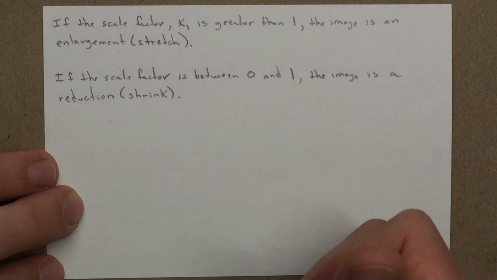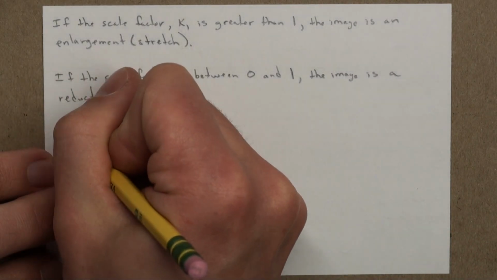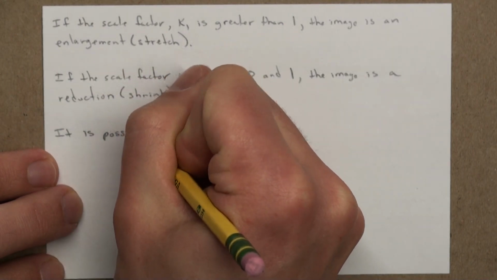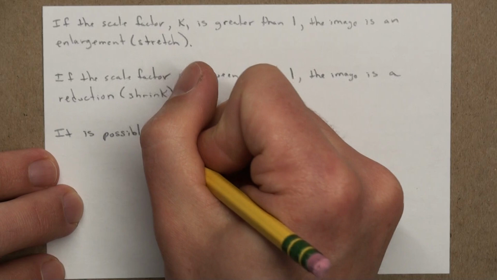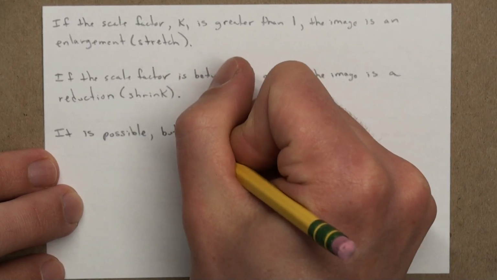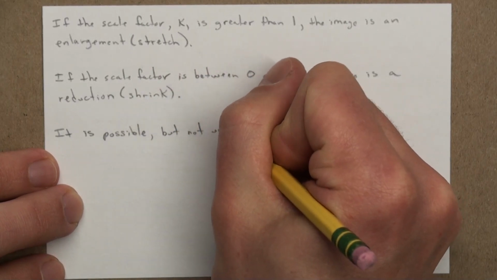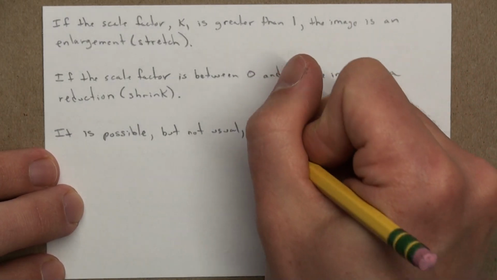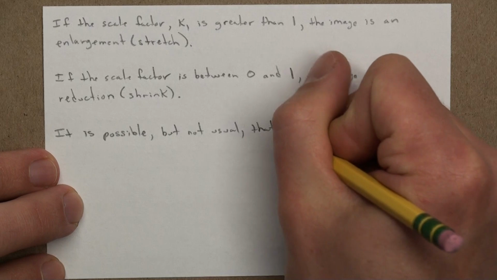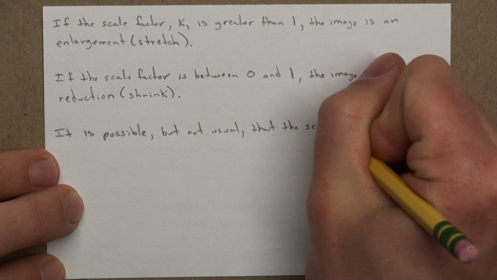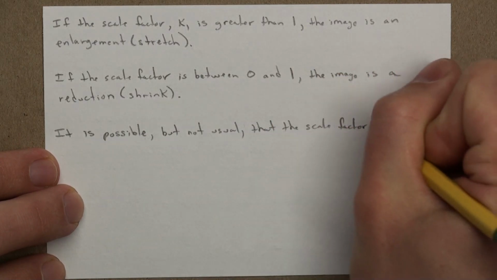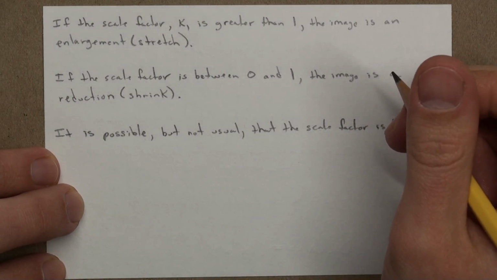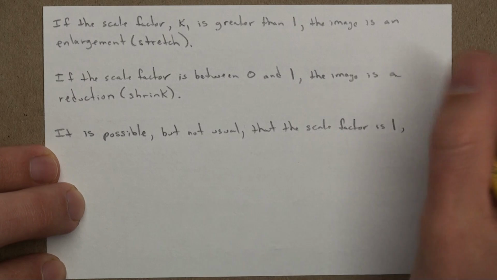It is possible but not usual that the scale factor is 1, which would create congruent figures.